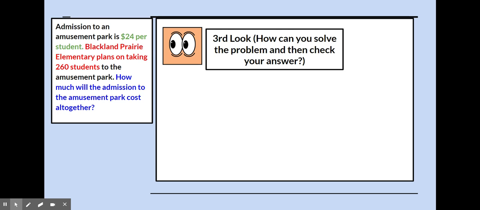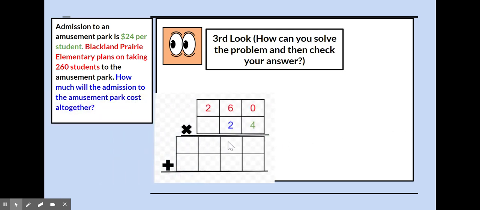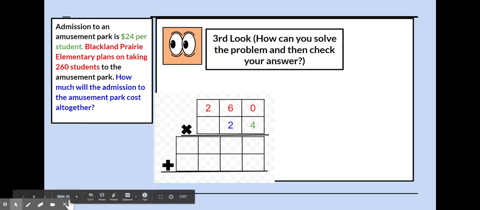So, we learned in our second look when we drew our model that we had groups that were repeating. And we learned in our last lesson that when we have repeating groups of the same number, then we are multiplying. So we are going to multiply 260 by 24 using the standard algorithm.